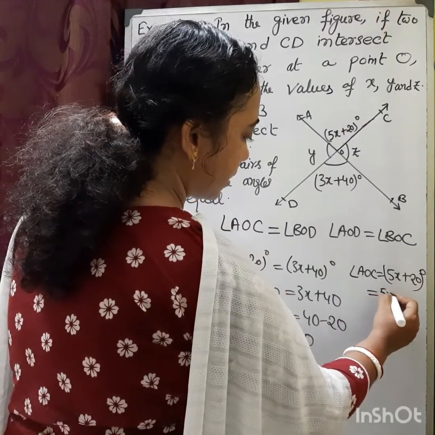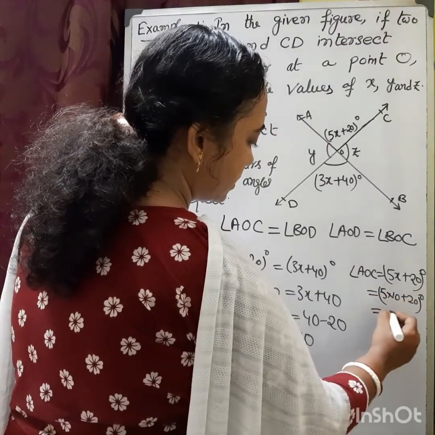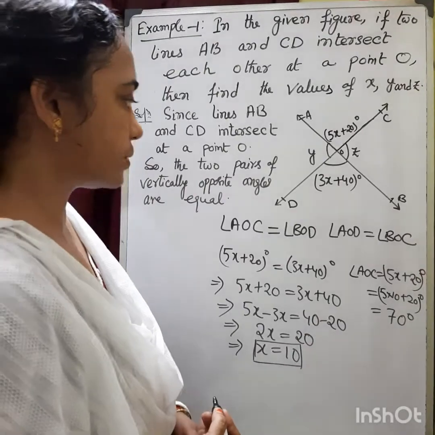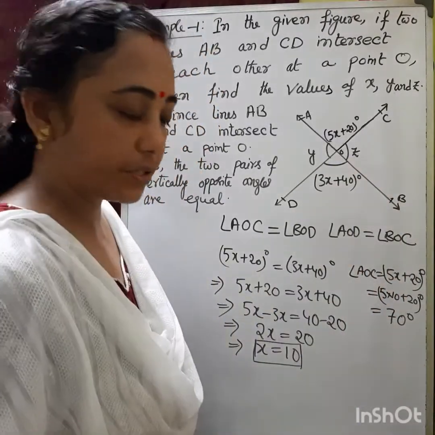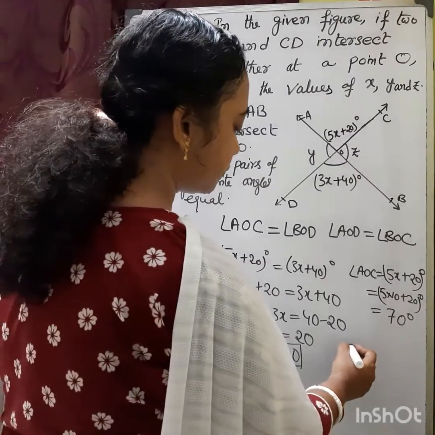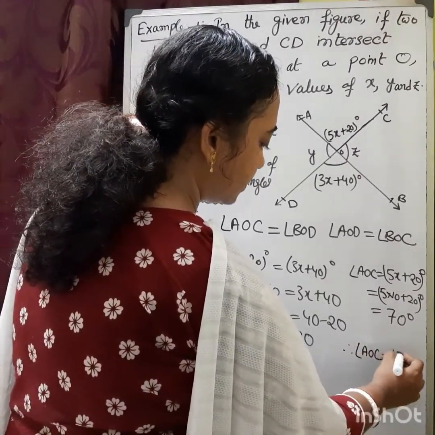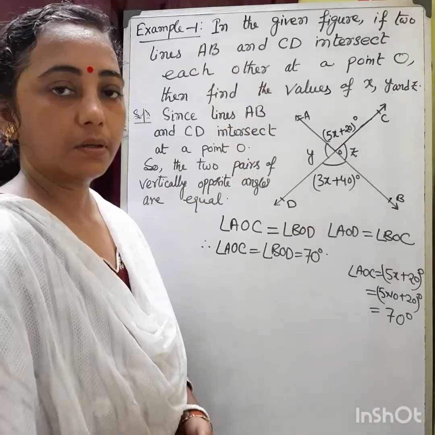So 5 tens are 50 plus 20, that will give a total of 70 degree. So here angle AOC is equal to 70 degree. Therefore angle BOD is also equal to 70 degree, because these two angles are equal. Therefore we can write angle AOC is equal to angle BOD is equal to 70 degree.